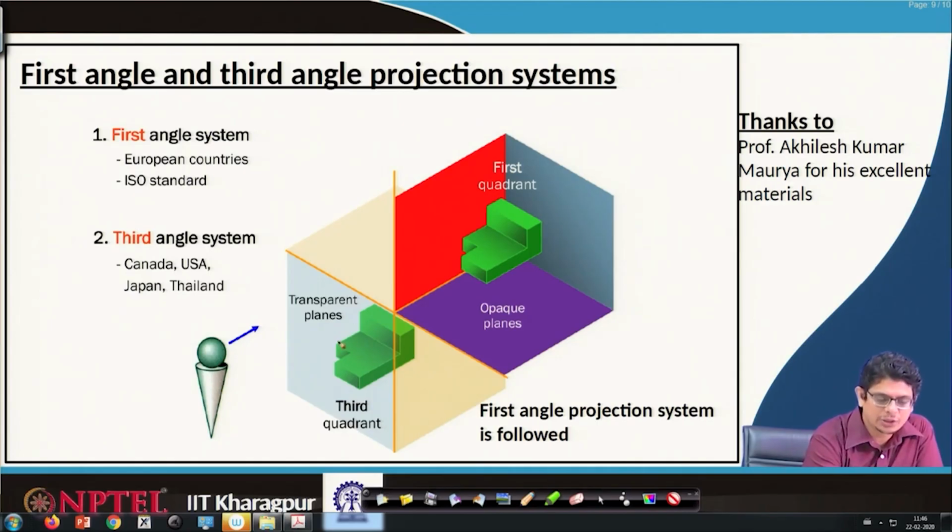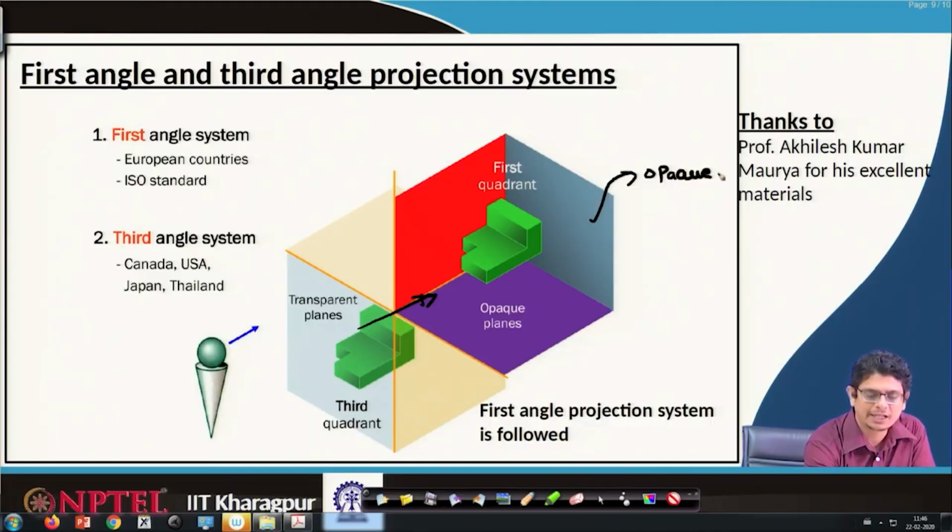Similarly, if one is looking from this direction, this one will always be opaque on the back side, but this one is a transparent wall. So, one can look from the transparent wall, and what they will see is the object as these lines.